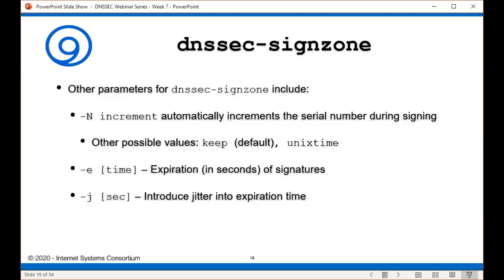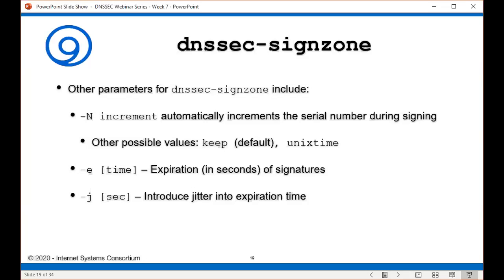So dnssec-signzone does have a couple of other options. If you're familiar with the SOA record, you know that one of the fields in the SOA record is the serial number for the zone. Well, a lot of people think it's just a number, so it can be anything, as long as it continually moves forward, as long as whatever your current serial number is greater than the one that you were just using, and the one that you're going to be deploying now is greater than the one that is there now, then all is good with the world.